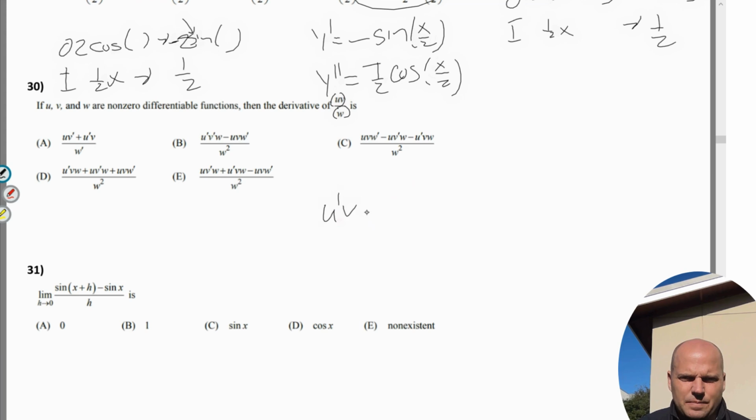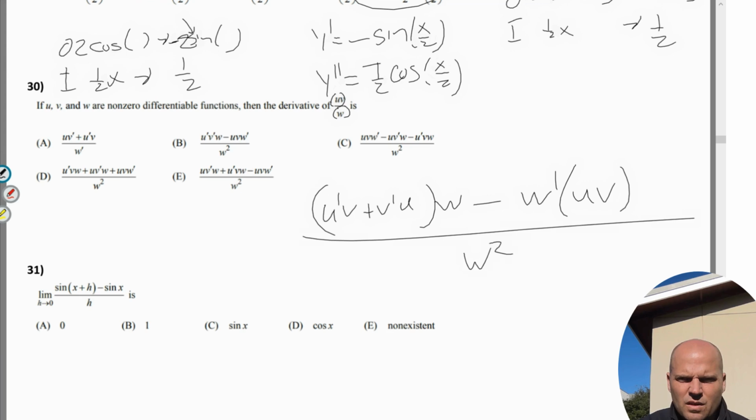So slopes of the top times the bottom minus the slopes of the bottom times the top, all over the bottom squared. u prime v w, u v prime w, u v w prime minus. Yeah, so there you go.